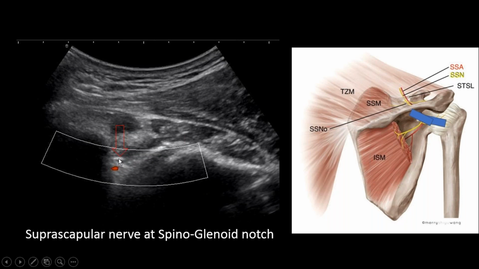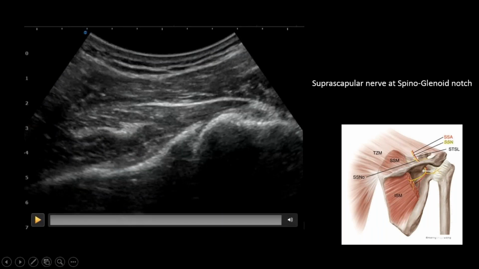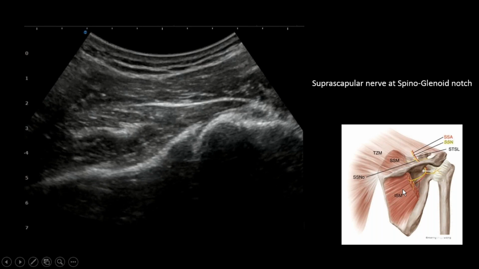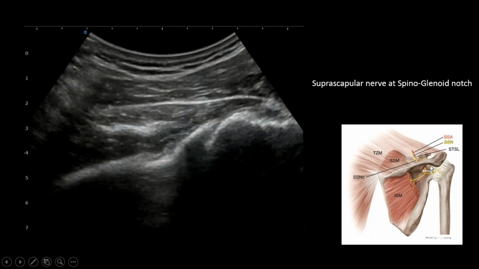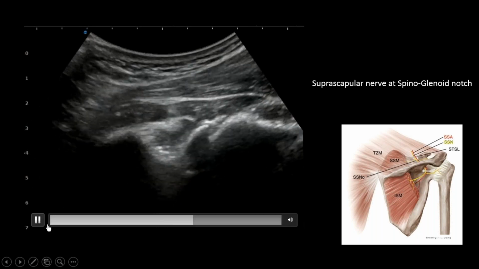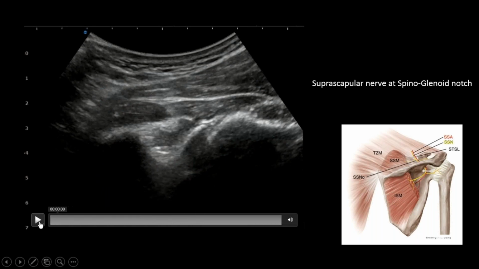Because there's an artery deep to it, you can see the nerve much more clearly in this notch, spinoglenoid notch, compared to suprascapular notch. So let's look at the video clip and the scanning technique to scan suprascapular nerve in spinoglenoid notch.